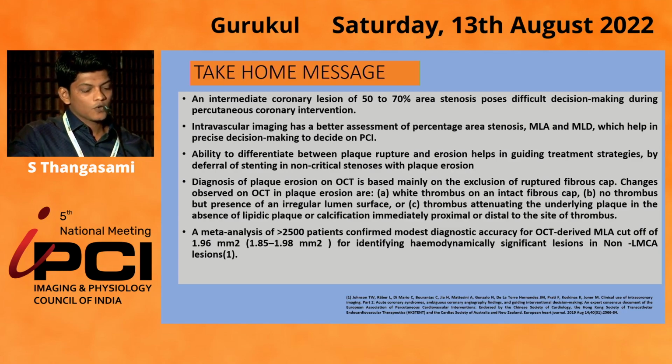White thrombus with an intact fibrous cap can be a definite plaque erosion, and no thrombus in the presence of an irregular lumen surface can be a probable plaque erosion, and thrombus attenuating the underlying plaque in the absence of lipidic plaque or calcification immediately proximal or distal to the site of thrombus.